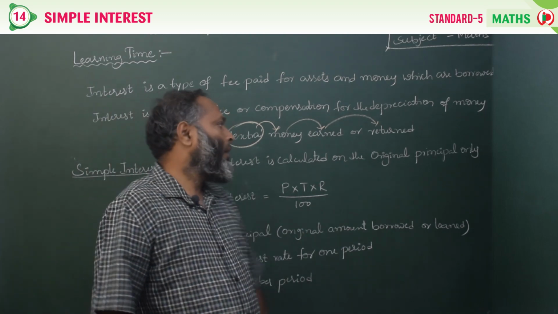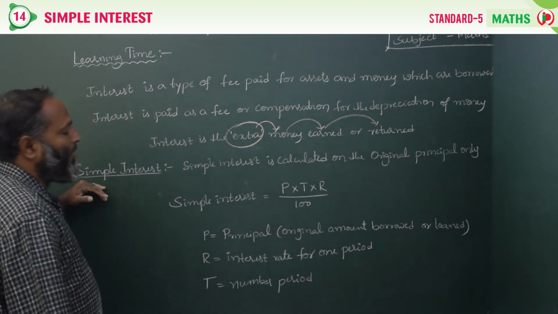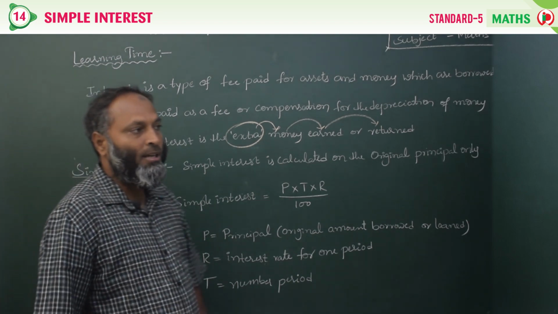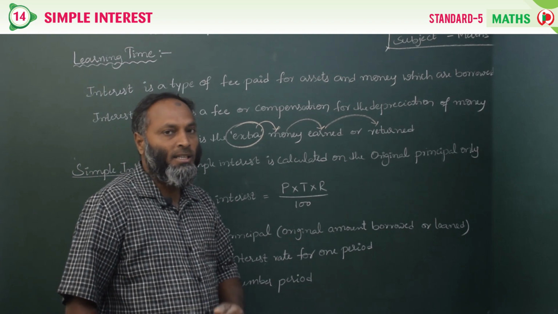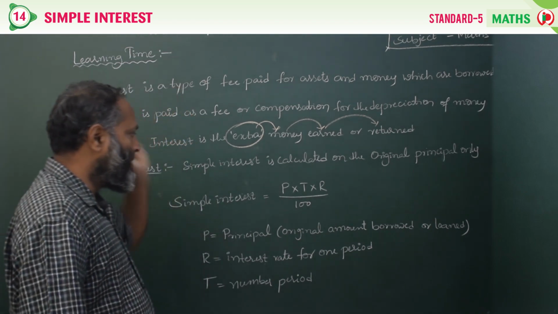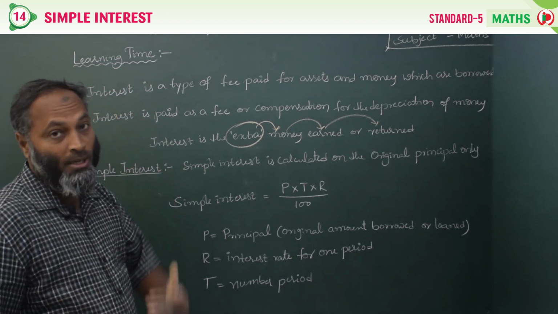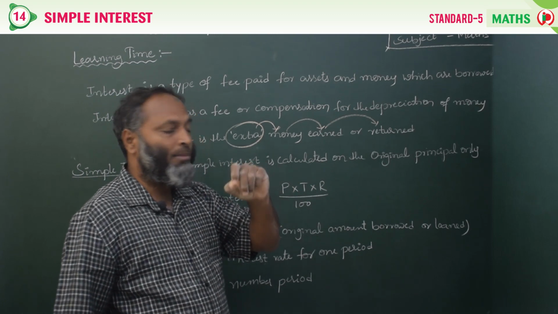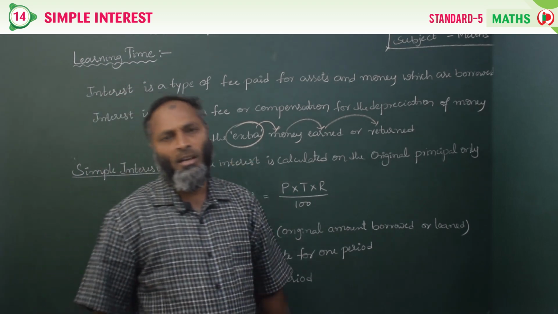Okay. Now, how to calculate interest. One formula is there to calculate simple interest, in a very easy method. What actually is simple interest? Simple interest is calculated on the original principal only. What is the principal here?